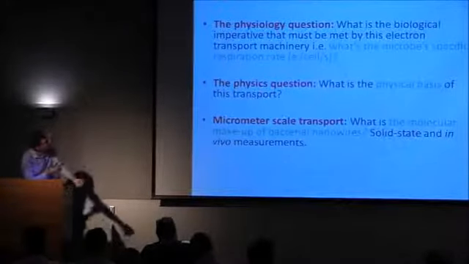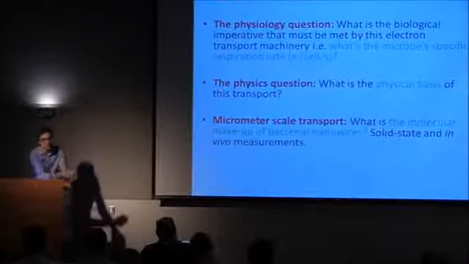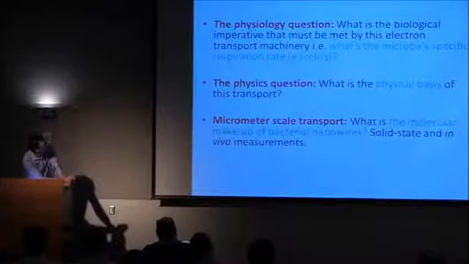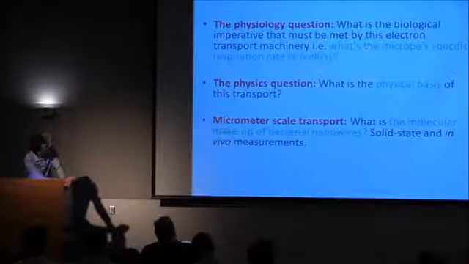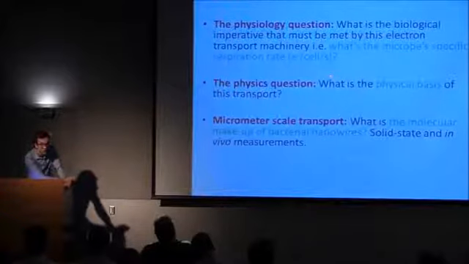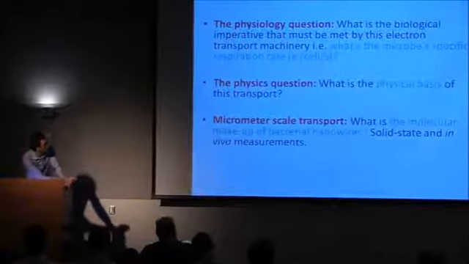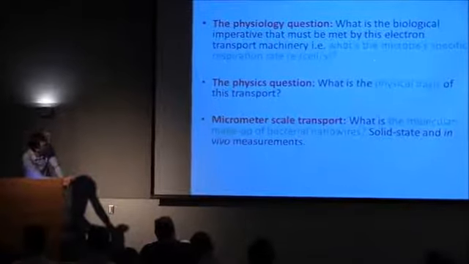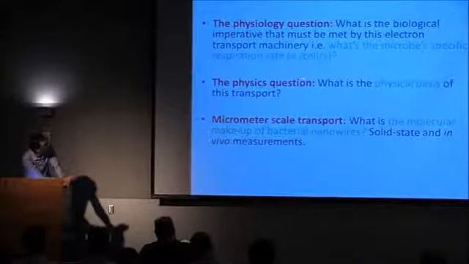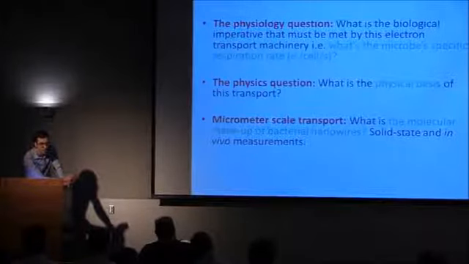Okay, so there are 3 main questions that we're trying to answer in our group. The first one, which I think is the most important one, is what is the specific respiration rate of Shewanella cells? To put it in other words, what is exactly the number of electrons per second that a single cell has to transfer to be able to survive?